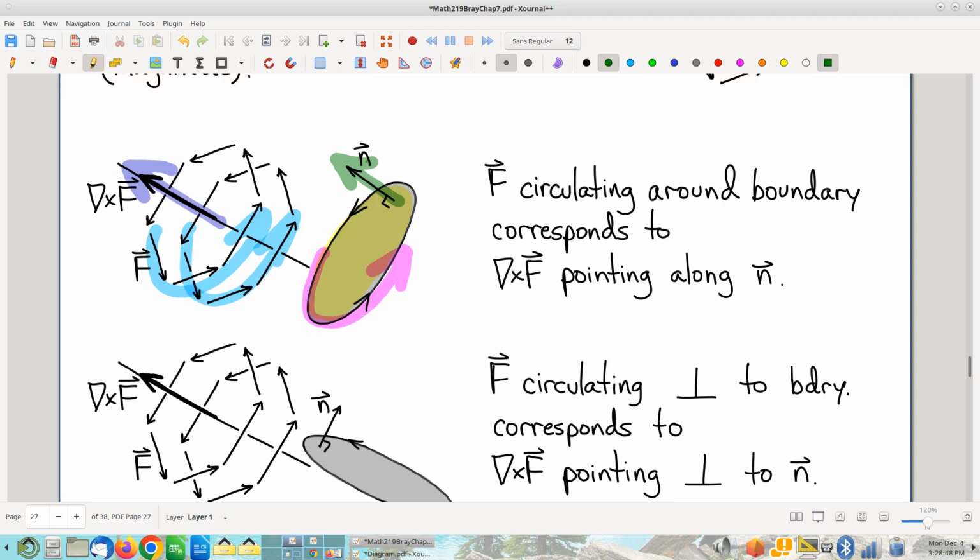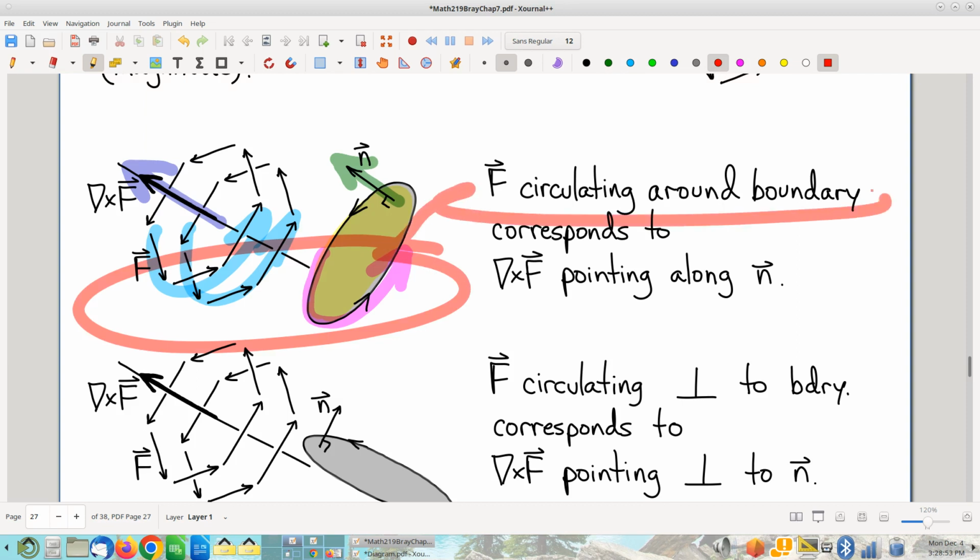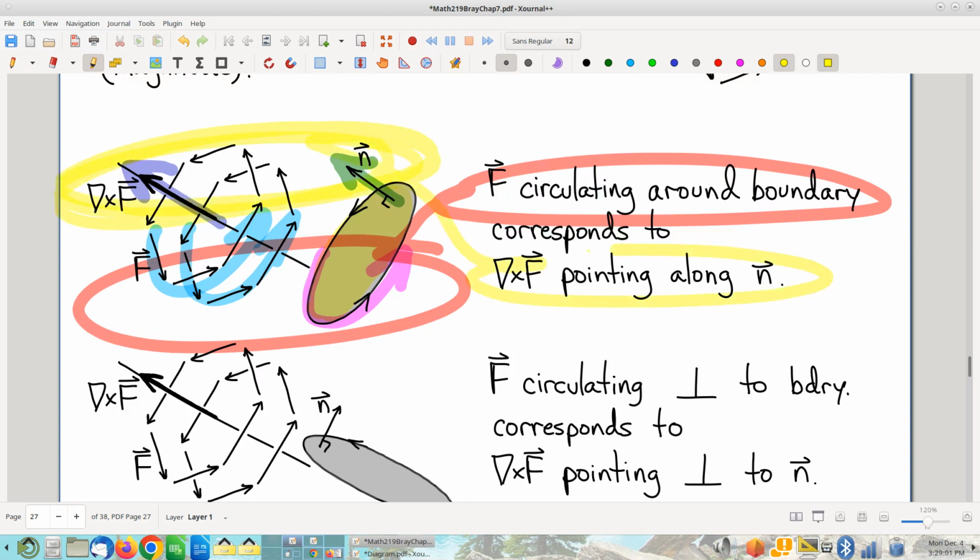So the fact that we have circulation happening is geometrically tied to these two vectors pointing in the same direction, and therefore this dot product, curl dot n, being large.